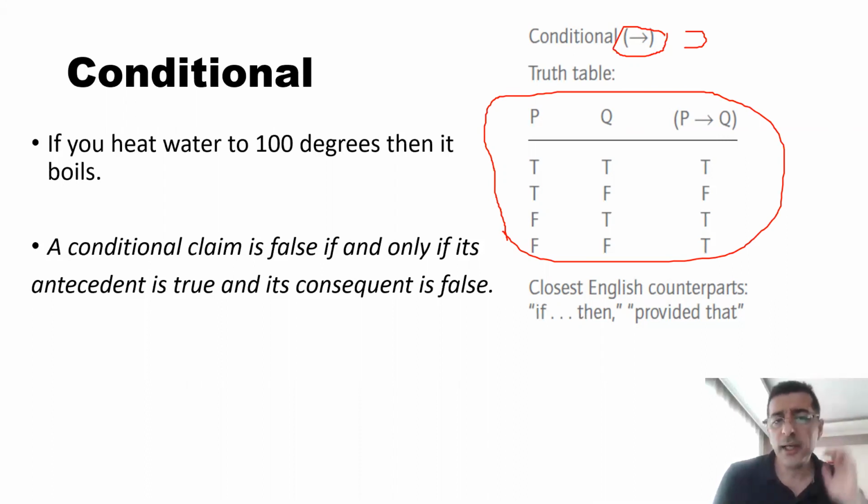Well, remember we said P in the conditional is the antecedent and Q is the consequent. A conditional can have a false value if and only if the antecedent is true, but the consequent is false.